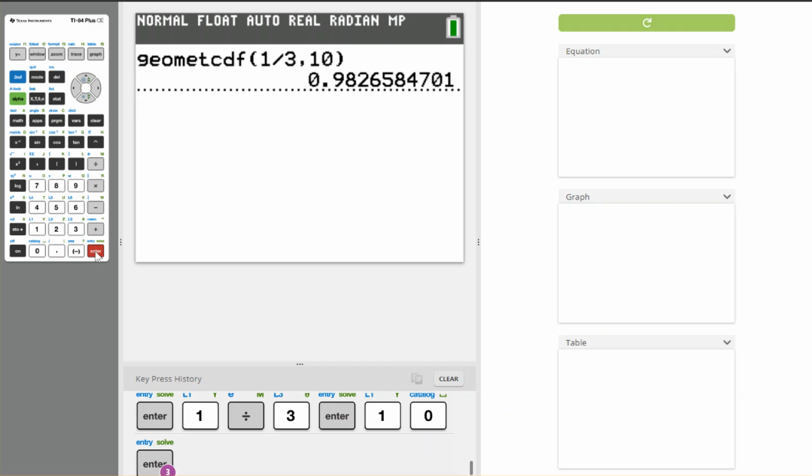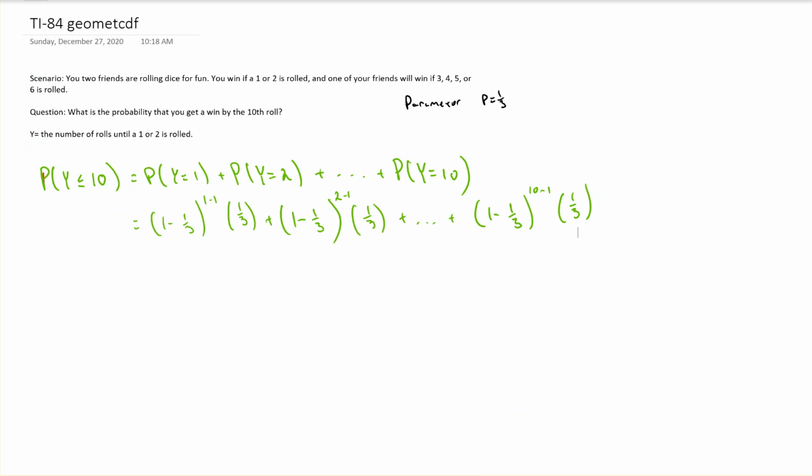So how can I write this to receive credit on the AP exam? Well, you need to specify what the 1/3 and the 10th are when you write it on your paper. So I'm going to start by writing the geometcdf function, because that's what I used, but you need to make sure to specify that your parameter is 1/3 and that I'm interested in winning by the 10th roll.